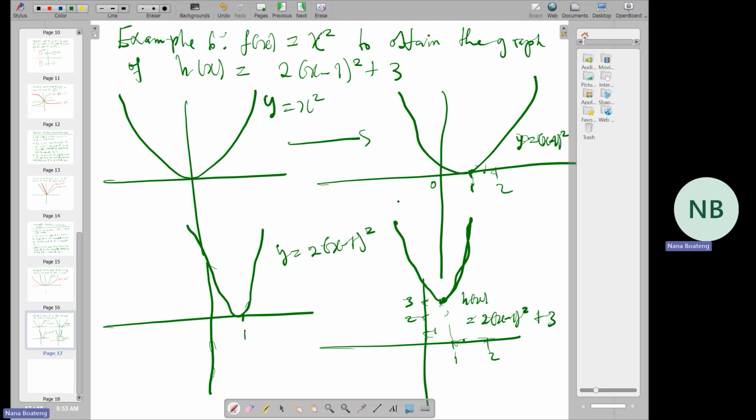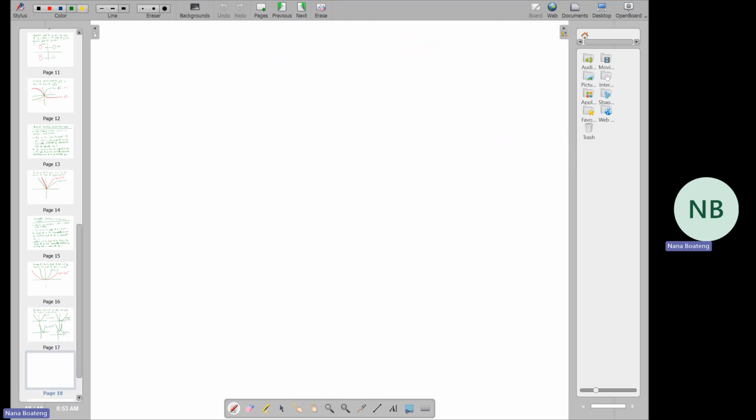So let's look at one more example that involves multiple transformations. So this will be our example 7.